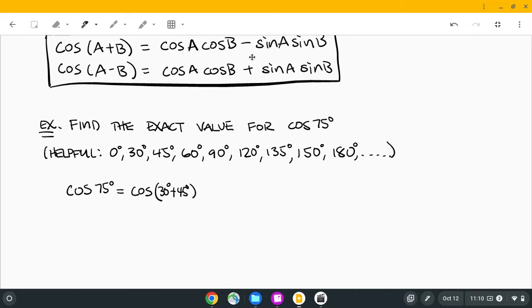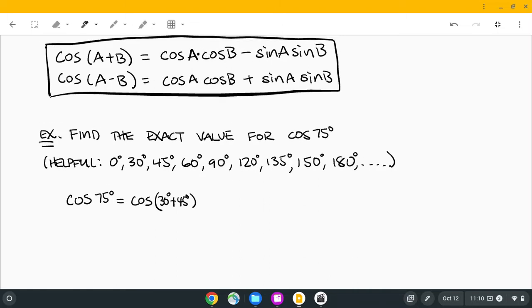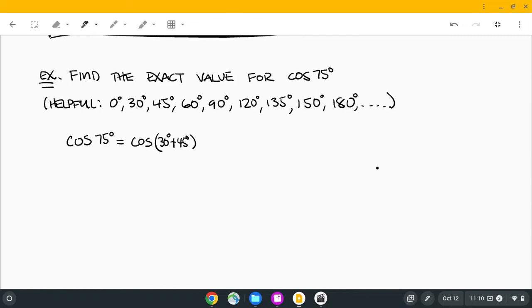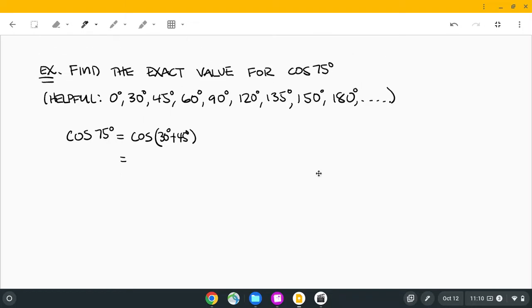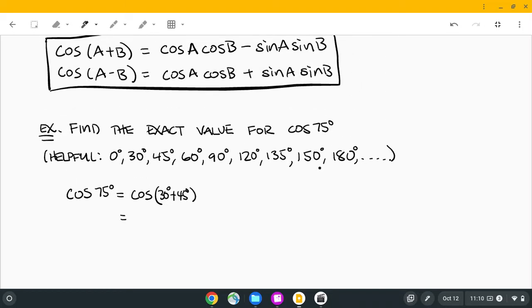So here will be 30 and 30, and 45 here and 45 here. And I can find the cosine and sine of 30 and 45 without a calculator because those are ones we memorized. All right, so using the above formula, let me bring this down a little.